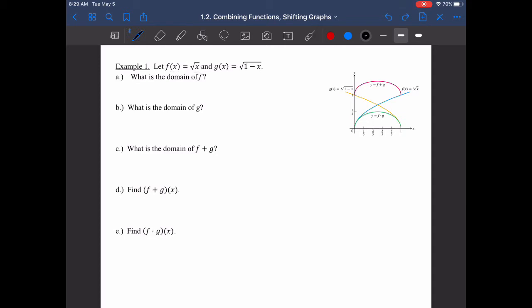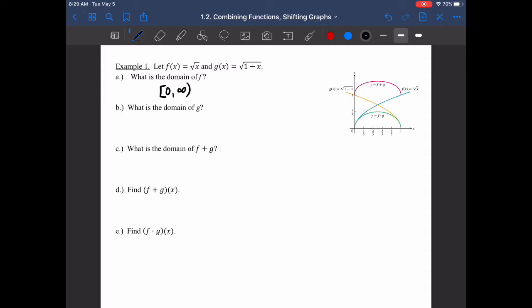It's just going to be everything that doesn't make us take the square root of a negative. So we have to exclude all negative numbers because at this point we're not taking square roots of negative numbers. So we can use 0 on out to infinity. Notice I'm inclusive of 0 because we can take the square root of 0. Then the next one says, what is the domain of g?